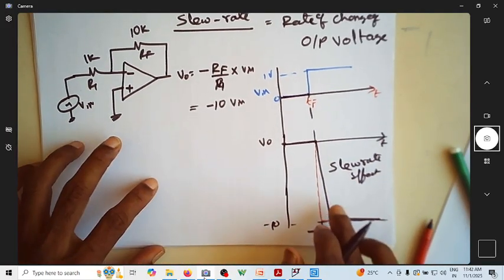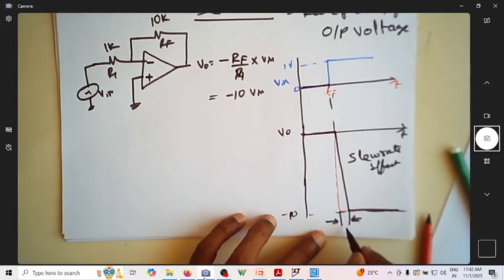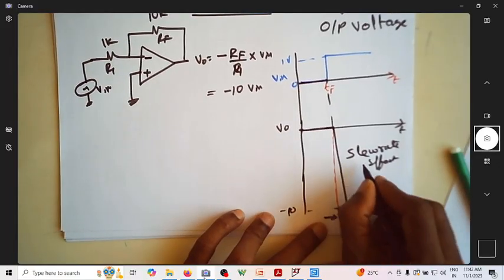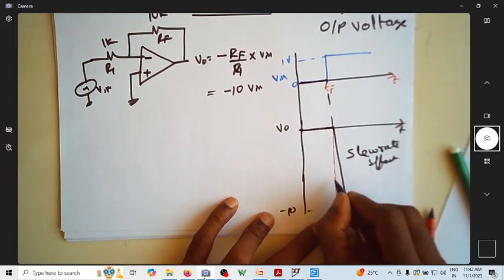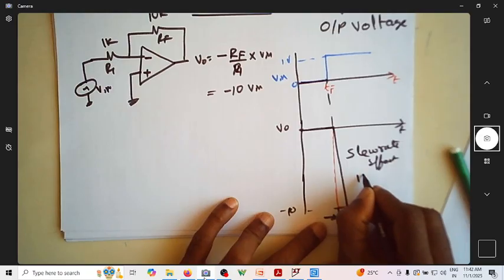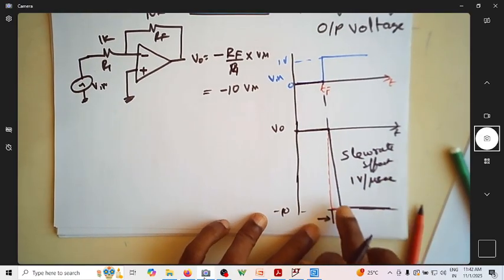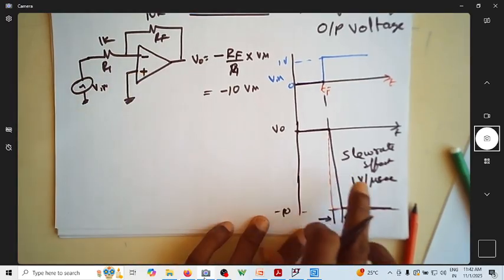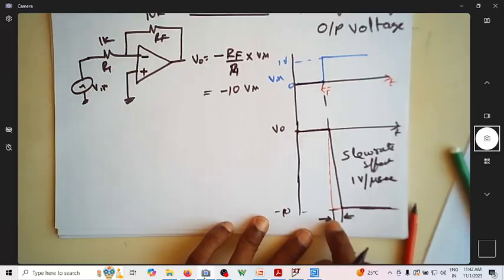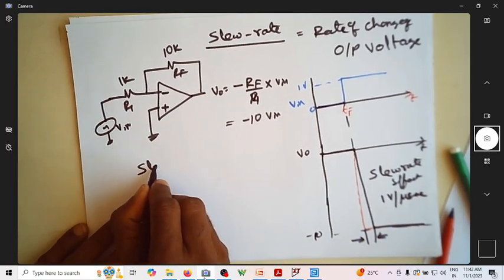Then how do I find the slew rate of this now? Suppose the slew rate of this op-amp is maybe 1 volt per microsecond. Can I find what this time is?